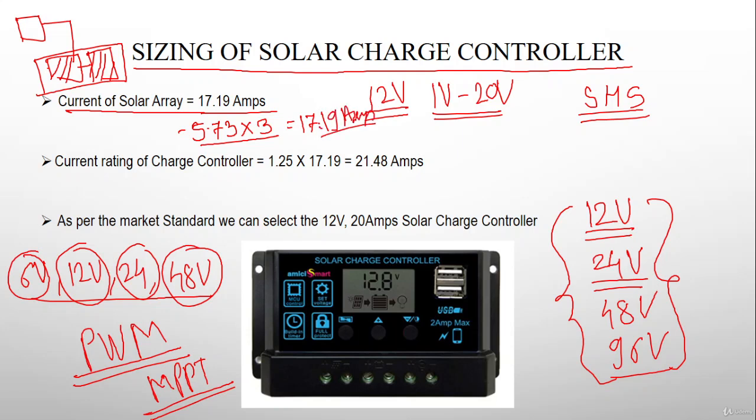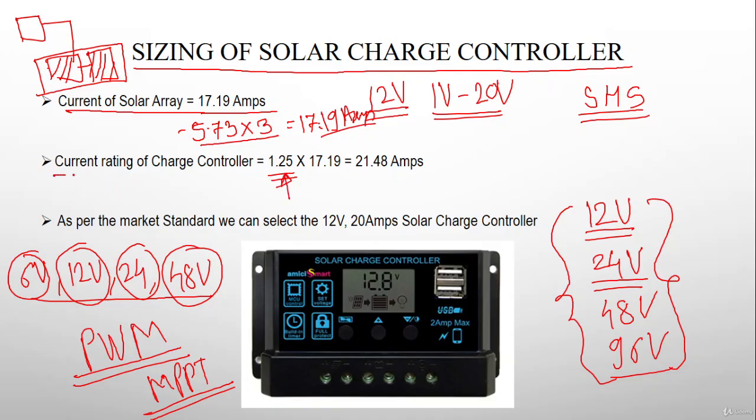So the solar charge controller should be able to handle at least 17.19 ampere of current. But we multiply this current by a design margin, because if a higher amount of current passes through the controller, it should not fail. That is why we multiply the design margin by 1.25.